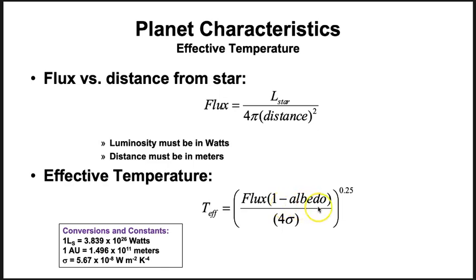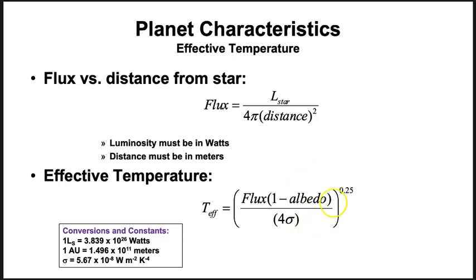Why? Well, remember, albedo is the fraction of light that gets reflected off the planet. So if the albedo is the fraction of light that gets reflected away, then 1 minus the albedo is the fraction of the light that actually gets absorbed by the planet, and it actually warms up the planet.